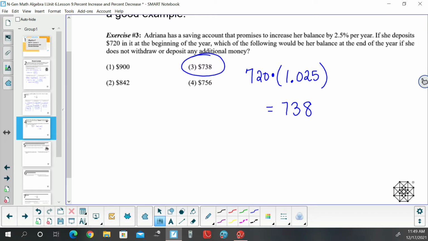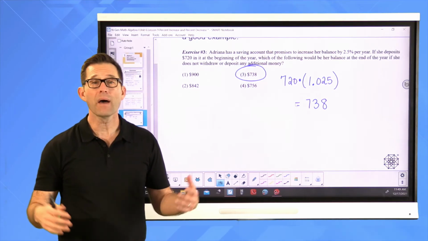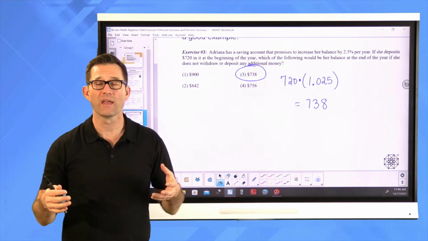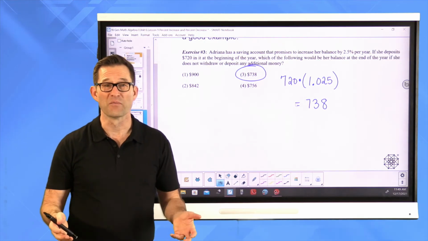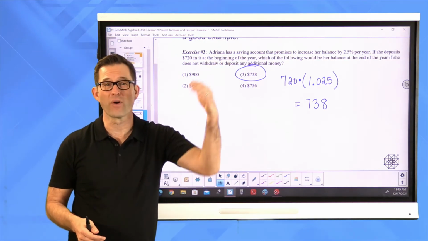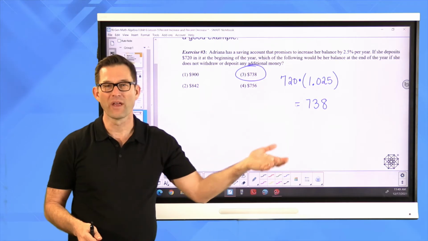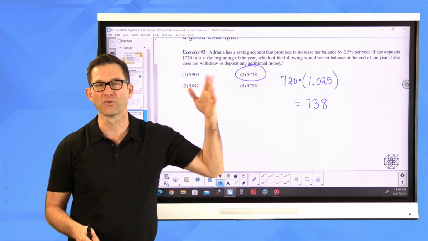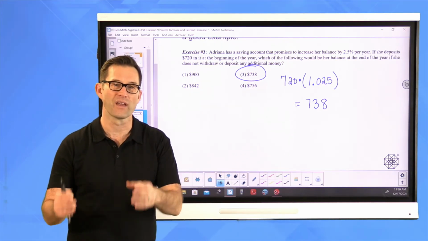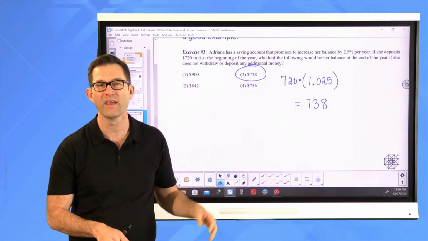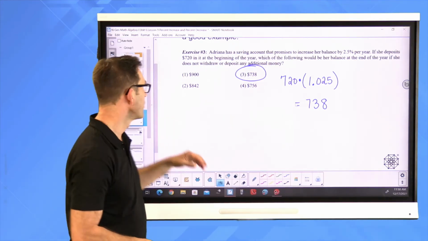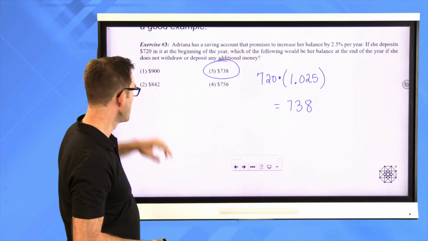Choice 3. Think about how much more time that would have taken us if we went all the way back with percentages. Can you imagine if you had to set up a ratio, solve the ratio to come up with what 2.5% of 720 is, then add it to 720? Finally, you'd get 738. That'd just be obnoxious.